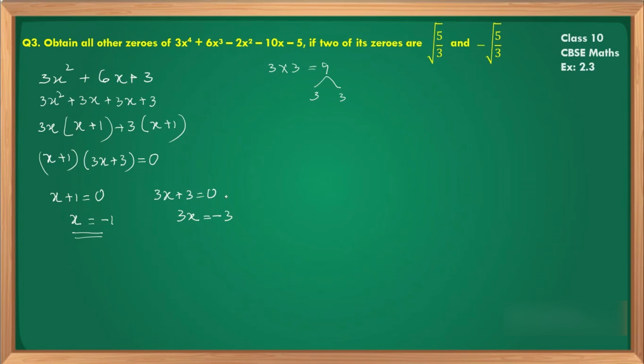Plus 3 is taken out to RHS. Now x is equal to minus 3 divided by 3. You get minus 1. So here also the value of x is minus 1. This is the second 0. So now we can write down the other two zeros are minus 1 and minus 1.